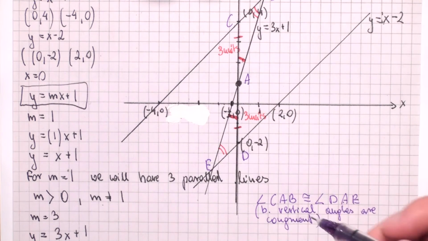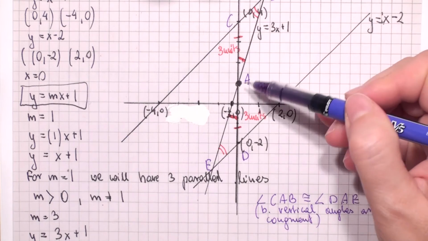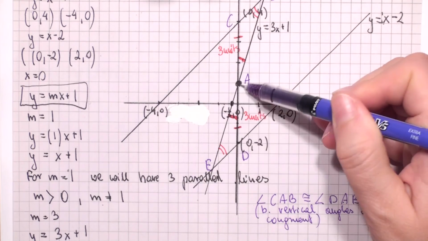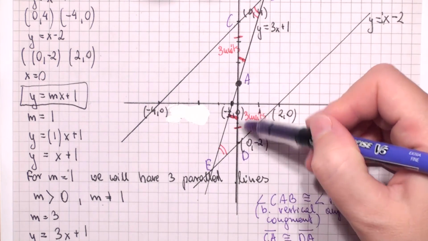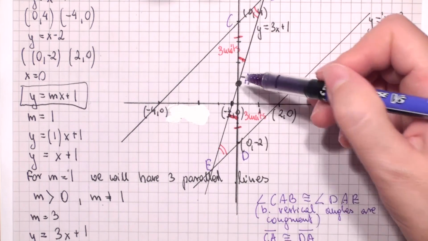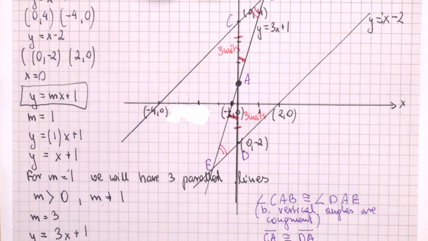What else we have? We have that segment CA is congruent to segment DA. We just count this and that segment has 3 units.